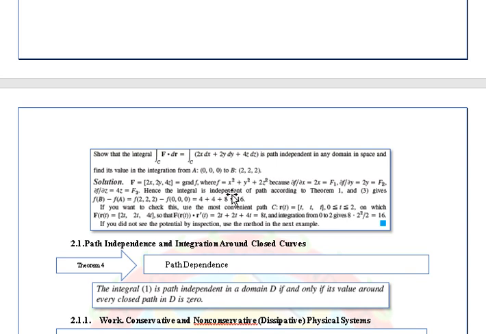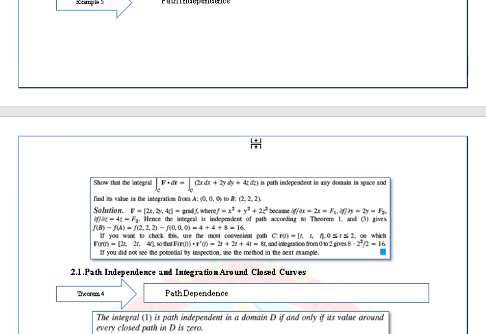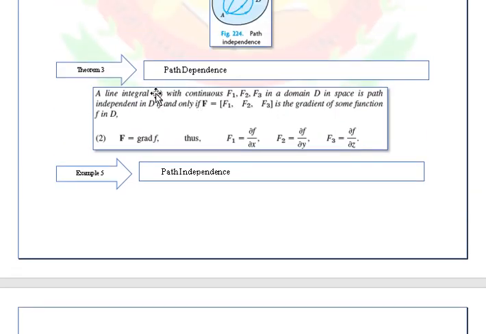It means that if we take the gradient of this function f, it will result to this function. So therefore, if we take the path integral of this function, it is path independent as what we have defined here in this theorem.